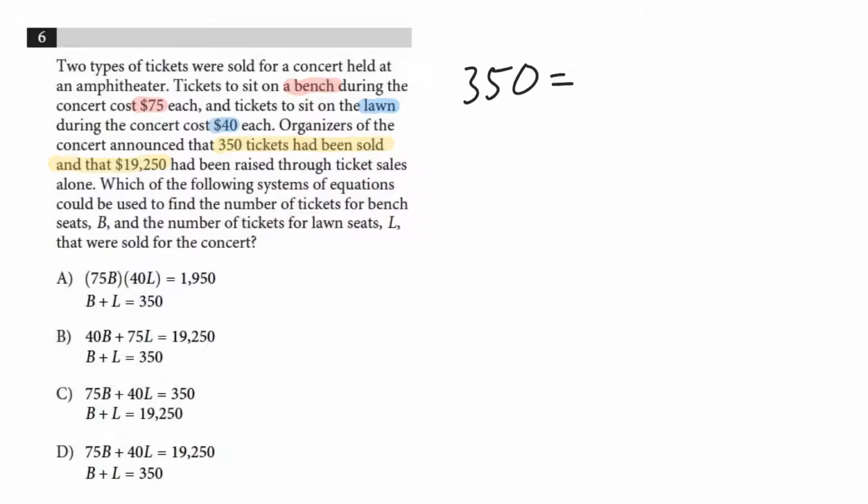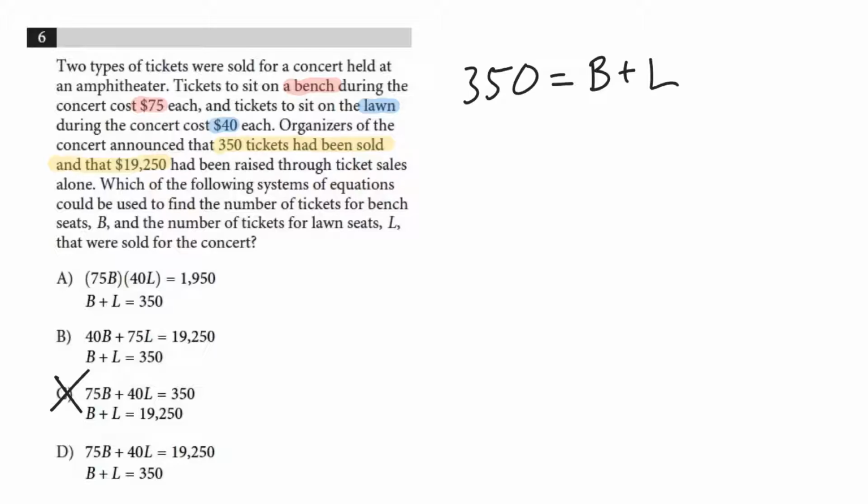the two, and it looks like they're using B and L. So B plus L should equal 350. Okay, I'm going to eliminate that one. That doesn't fit the bill. And we know that the total revenue is the sum of the revenue for bench tickets and lawn tickets.